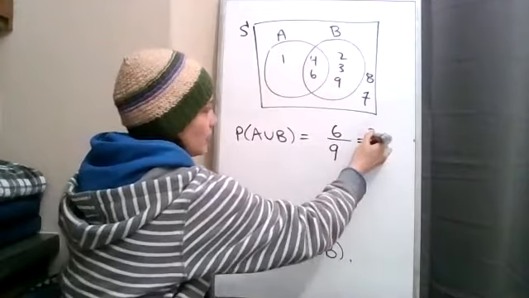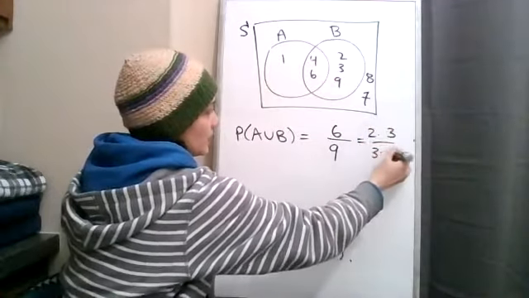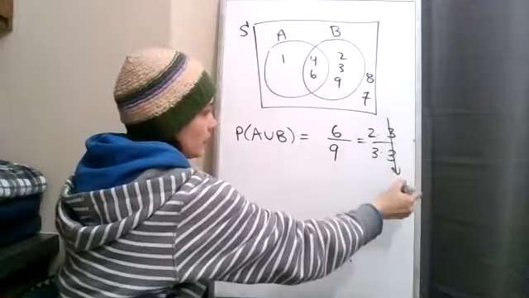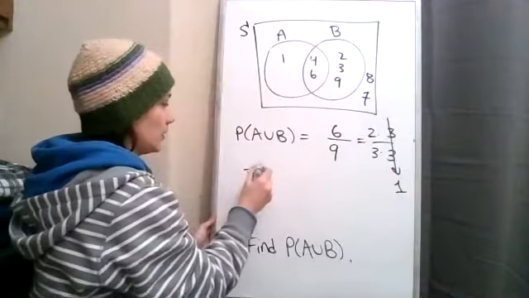Let's see, you've got 2 times 3 over 3 times 3. 3 over 3 would be 1. So 2.